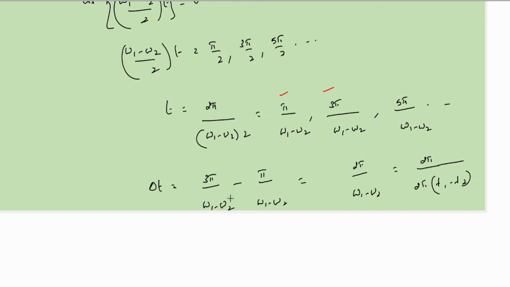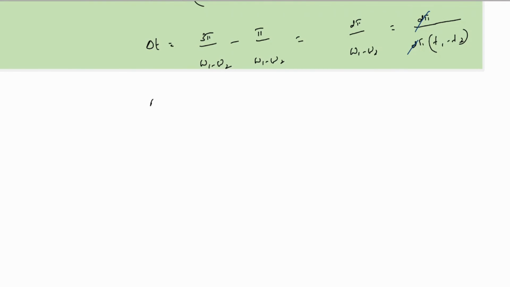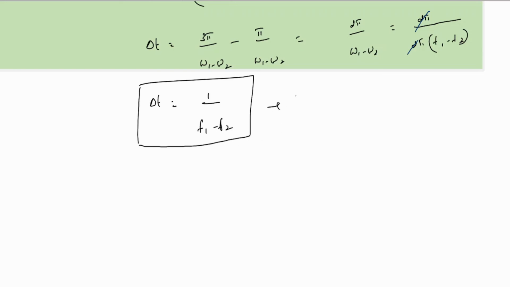From here we can again cancel 2 pi. Therefore, even here the beat period is 1 by f1 minus f2. So the time interval between two consecutive minima is the same as the time interval between two consecutive maxima, called the beat period. If we take its reciprocal, it's called the beat frequency.